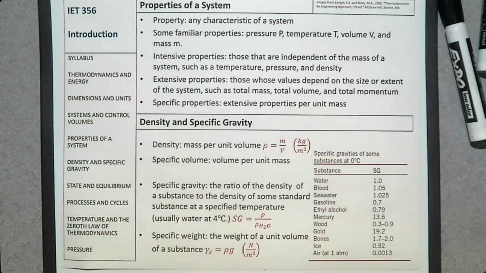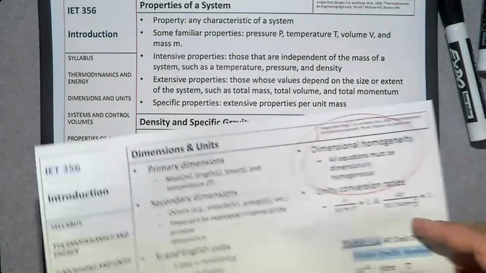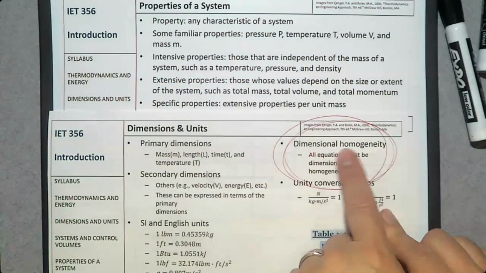Now there's a problem. If you want to solve a governing equation in thermodynamics, and you have intensive properties and extensive properties together, it's going to be complicated. So you want to use only extensive properties or only intensive properties, because of dimensional homogeneity.